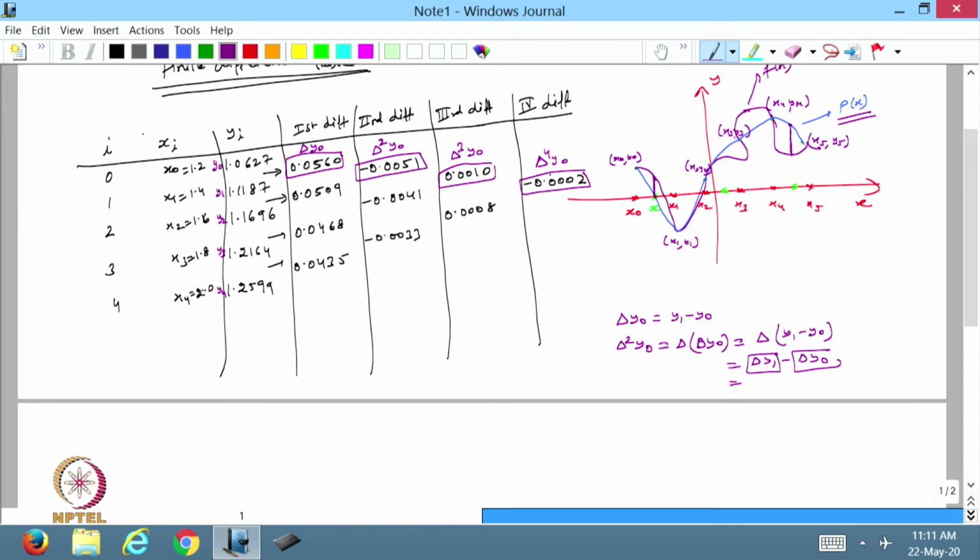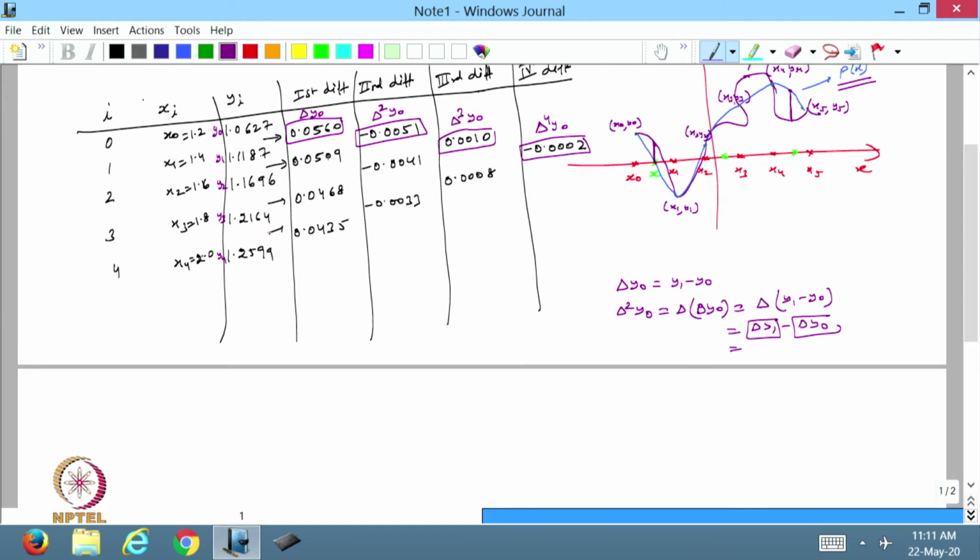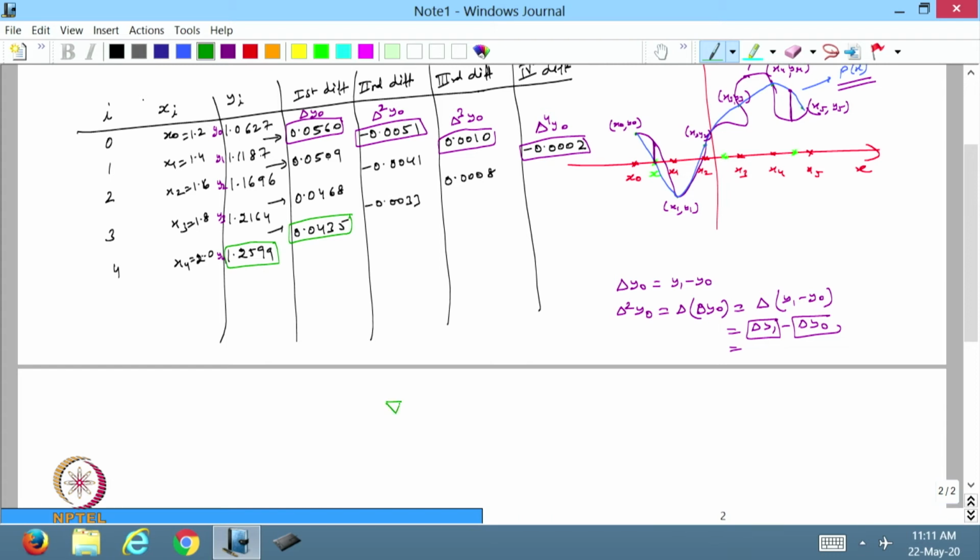Now, what about these values? So, this is my y4. Now, what about this value? This value is giving me this minus this. Now, I want to apply the backward operator, so backward y4. It will be y4 minus y3, because it is going just one step backward.